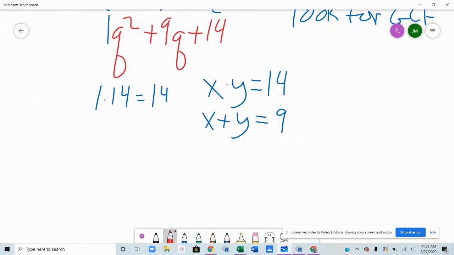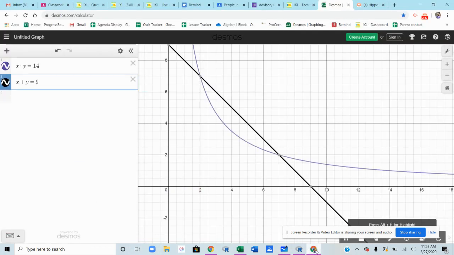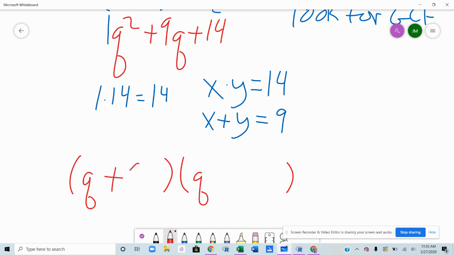So then you're going to have two sets of parentheses. Your variable, make sure you have the correct variable, goes first in both sets of parentheses. Then your two numbers you just found, 2 and 7. One goes in the first one, the other one goes in the second one.